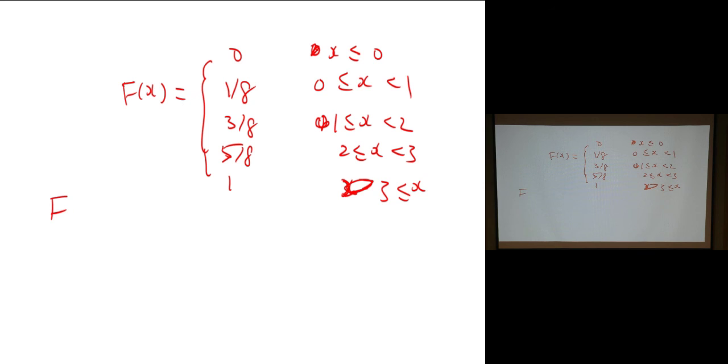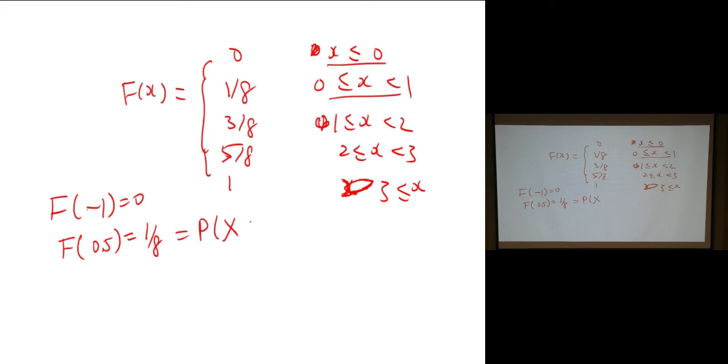First of all, understand this first. What is F of minus 1? I don't see anything there. No minus 1 here. It's 0 in this region, so F of minus 1 is 0. F of 0.5: again, I don't see any 0.5 there, but it's mentioned here. So this is equal to 1/8. And what does it mean? It means the probability of the random variable X less than or equal to 0.5 is equal to 1/8.